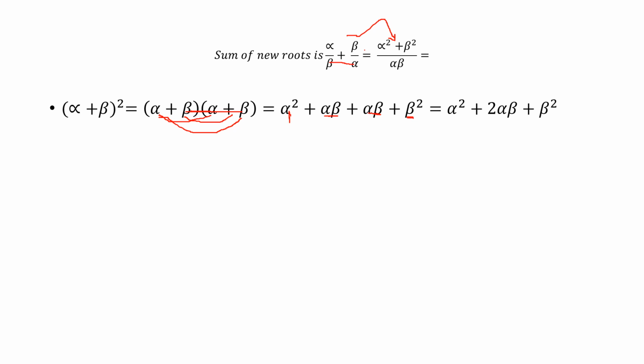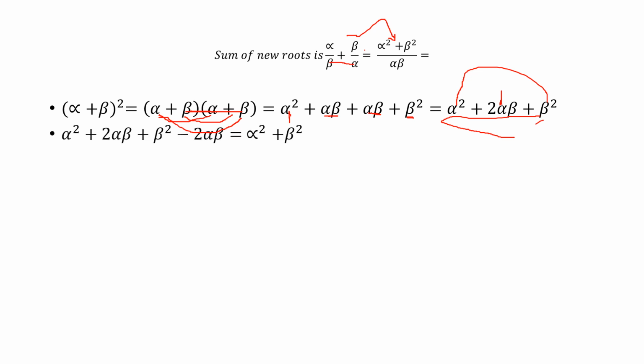So this can be alpha squared plus alpha beta plus alpha beta, that is 2 alpha beta, plus beta squared. Now I see that if I remove 2 alpha beta from here, I will get alpha squared plus beta squared. So in this expression, the whole expression, if I remove this from there, it remains alpha squared plus beta squared, right? So I can express it as this.